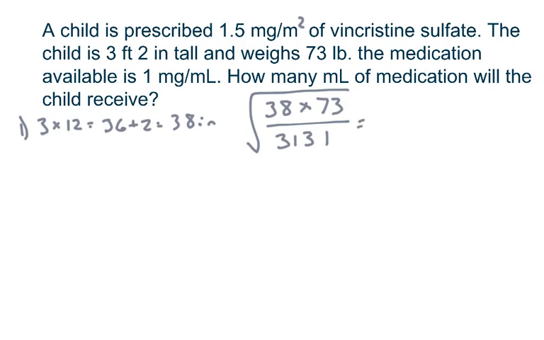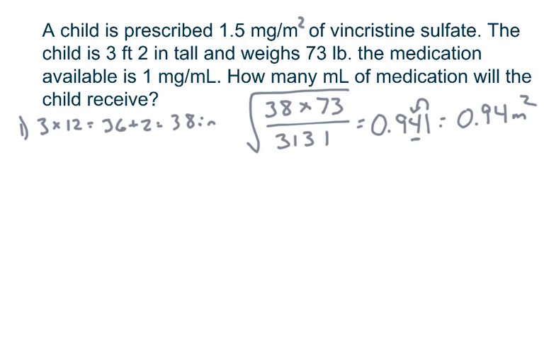I have 0.941. Since it's less than 1, I round to the hundredths place, so that gives me 0.94 meters squared.